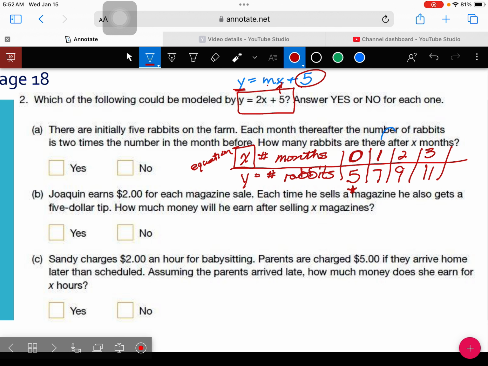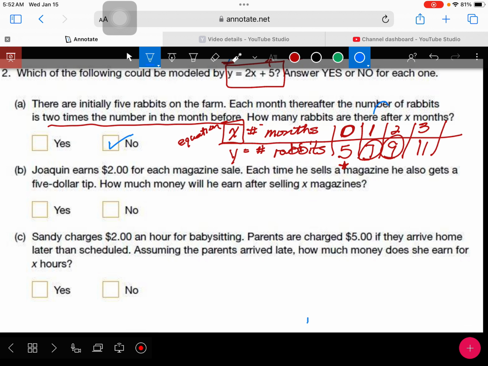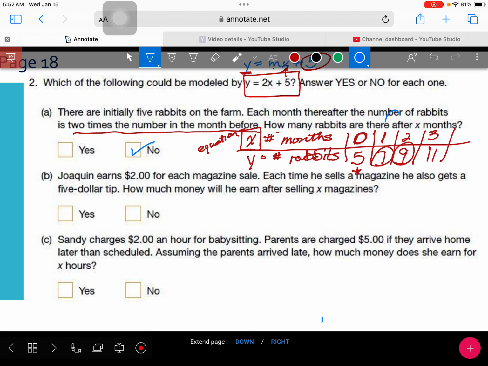That would have given me 10. So 7 is not twice as big as 5, and 9 is not twice as big. So the wording here in my problem does not follow along with this model. So that means this is a no. All right, so that is not a linear equation.